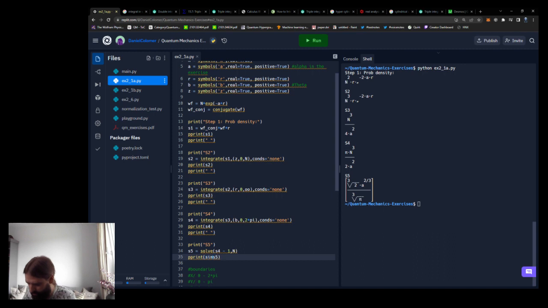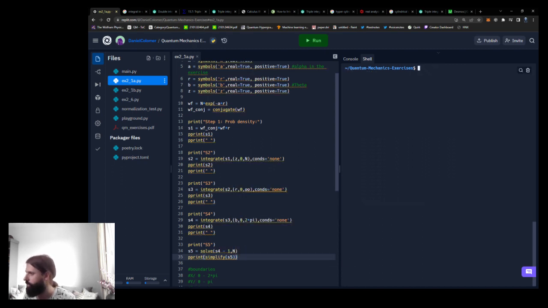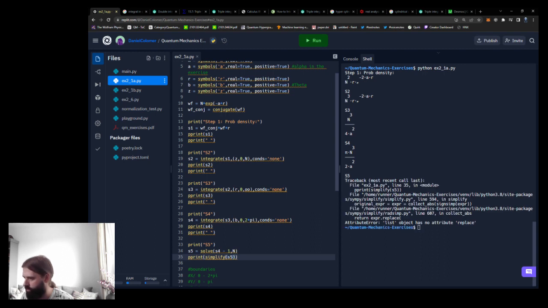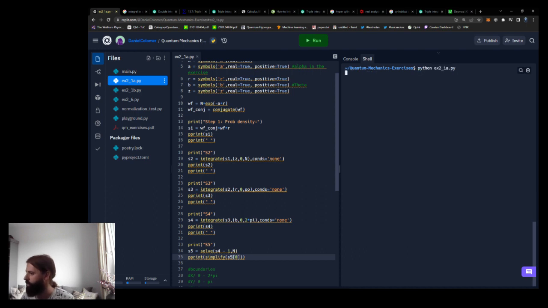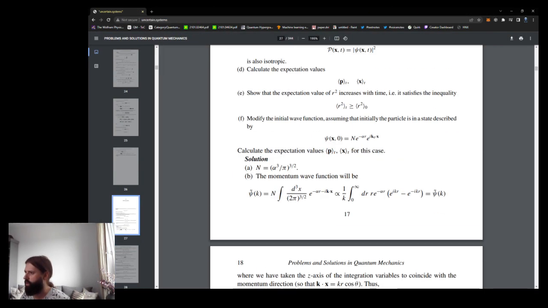Can I simplify? So this is, again, 2/3, this is 2/3, but that's not our answer exactly.